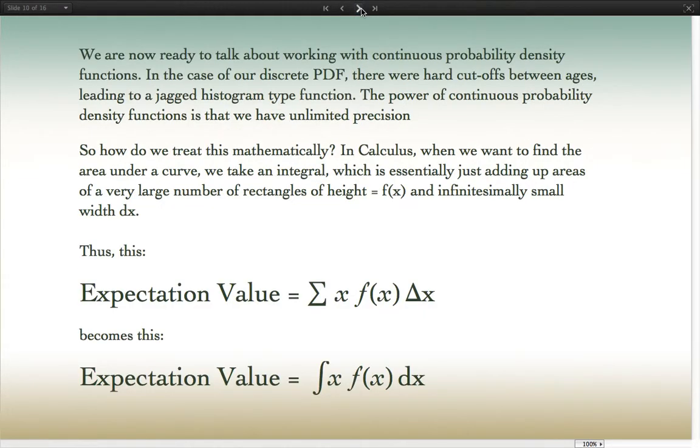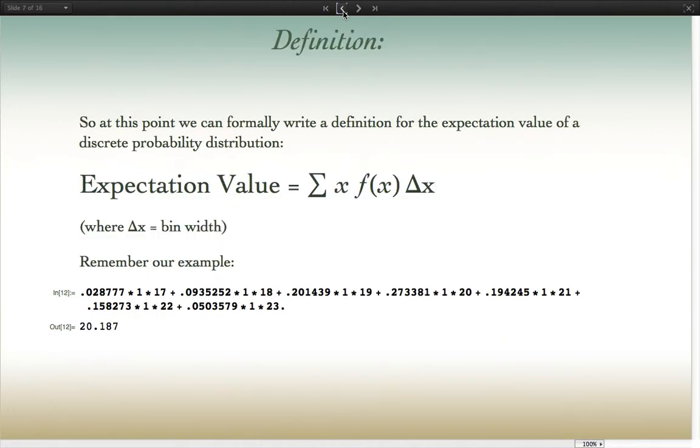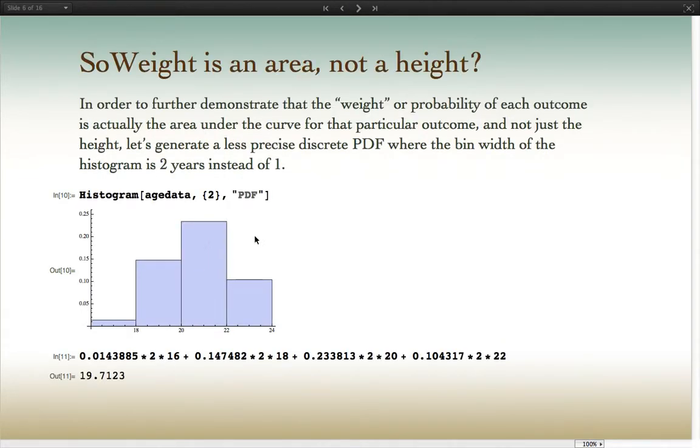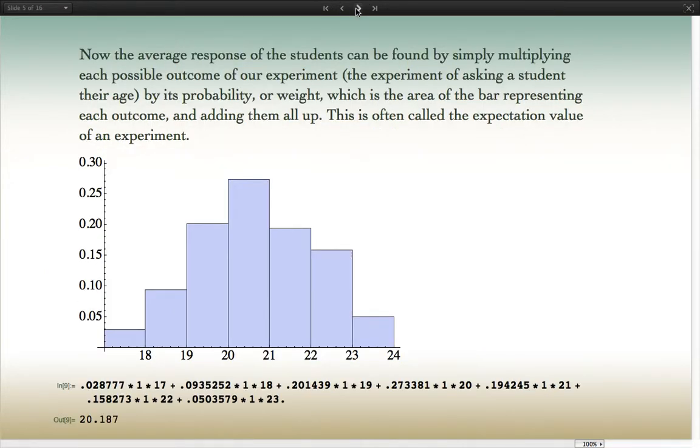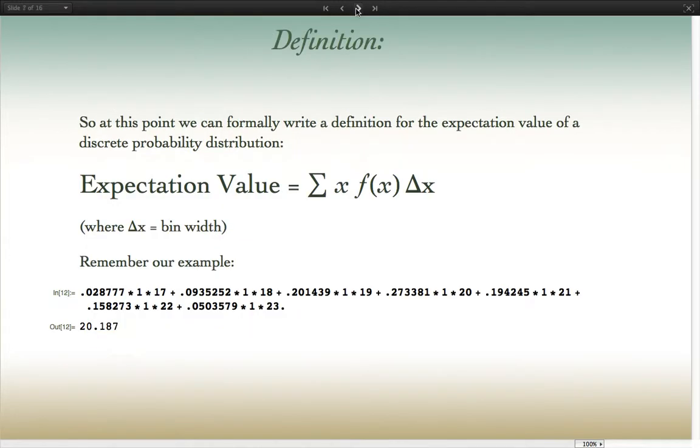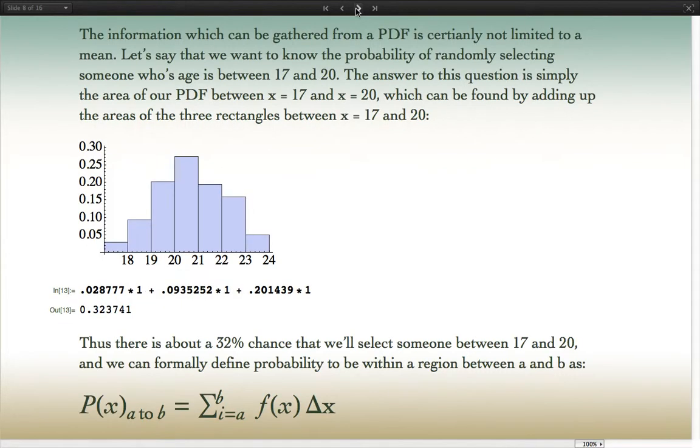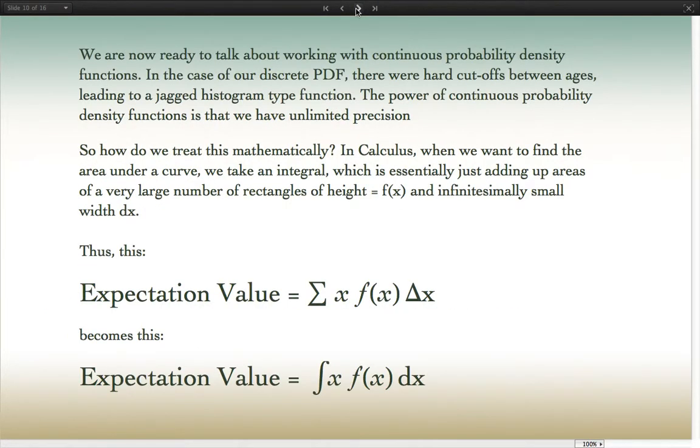But you can actually define continuous probability density functions that are much more precise. Remember how when we used larger bins, it was less precise, and this is more precise. So you can imagine if you can get a smooth one, you can get even higher precision. That's the idea with continuous probability density functions.